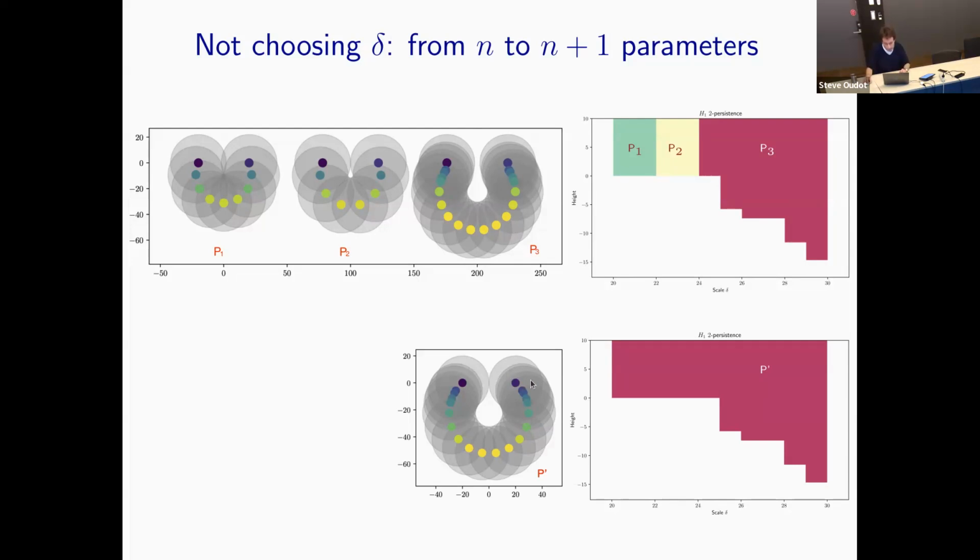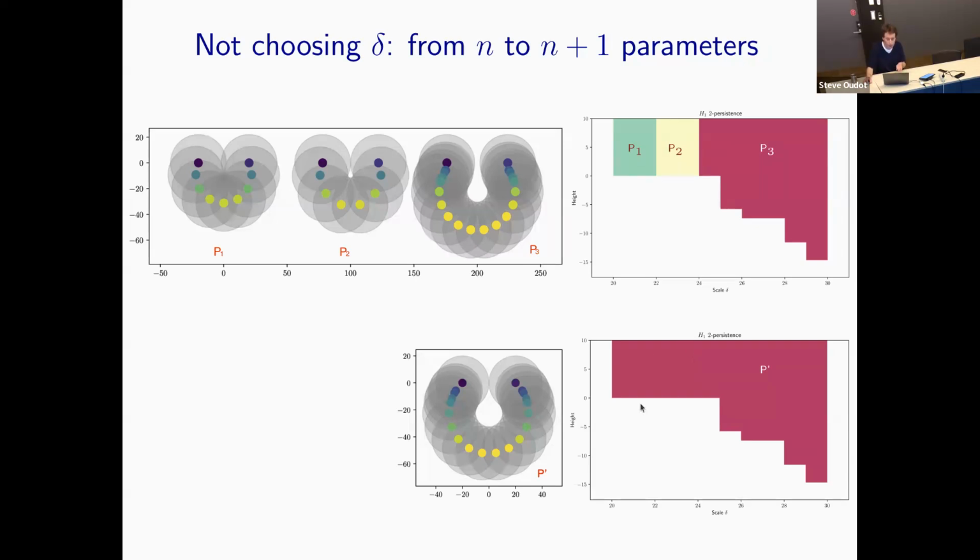You can tweak it in such a way that now you get a persistence module in your ground truth, your estimator, that has this interval module, and it turns out that this interval module exactly has as support the union of the supports of these 3 modules. So if I didn't have the last result that I showed, I wouldn't be able to discriminate between this example and that example. My theory would not allow me to tell that it's normal that here I see 3 blocks and here I see only 1.